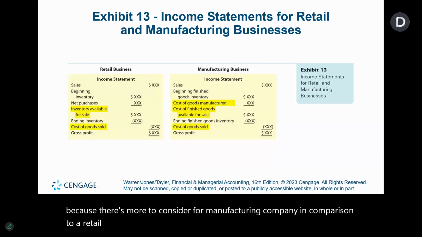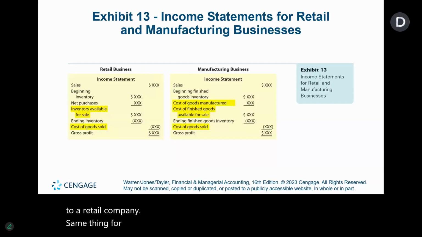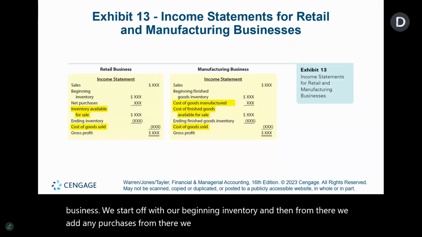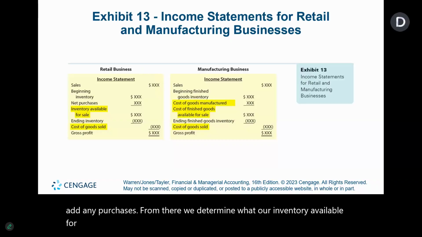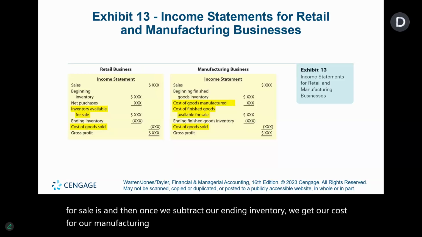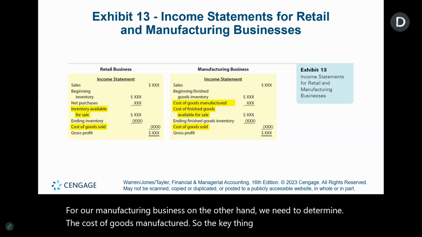Same for the income statement. There's a little bit of a nuance for a retail business. We start off with our beginning inventory, and then from there we add any purchases. From there we determine what our inventory available for sale is, and then once we subtract our ending inventory, we get our cost of goods sold. For a manufacturing business, on the other hand, we need to determine the cost of goods manufactured. So the key thing is it's a little similar, but again, just a little bit more nuance.